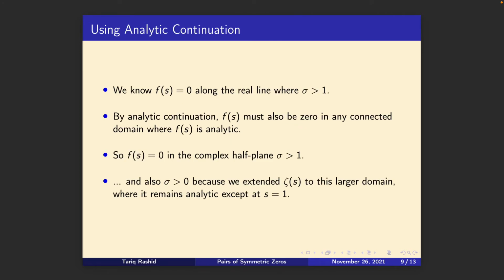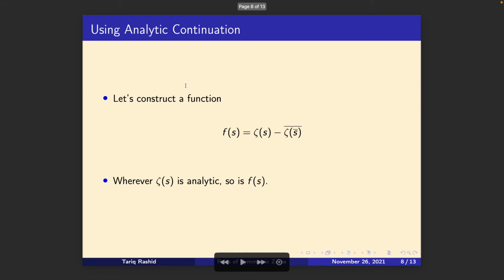So let's think about an initial domain from which we're going to continue out. Let's think about the real number line for sigma more than 1, where we know that the series is valid. Now on that line, f of s is 0. Let's think about why.